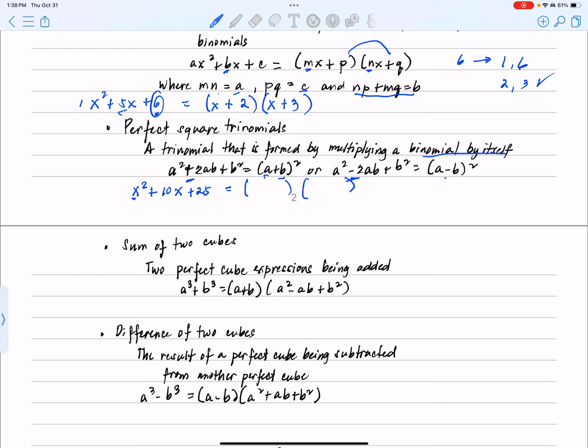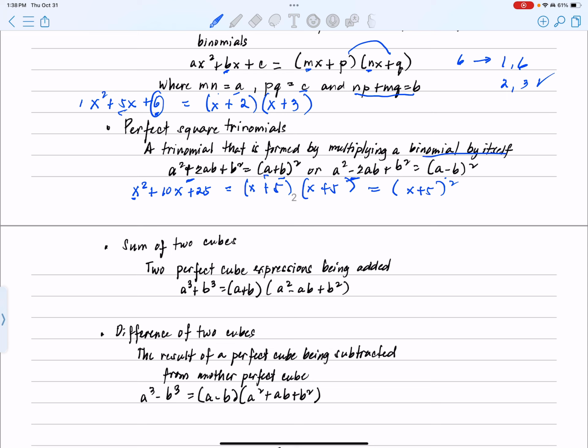So split the x plus, all positive, no problem with the sign. And what is the square root of 25? It's 5. So split that too. Or you could say that this will become x plus 5 squared, since there are two of them.